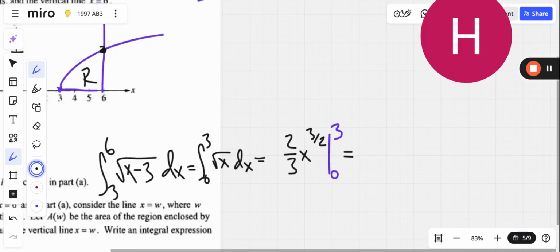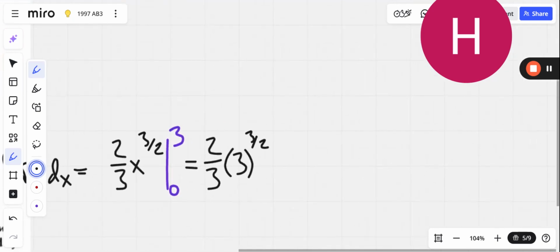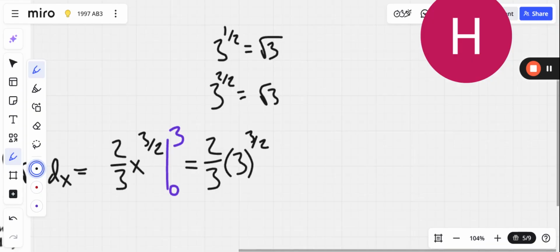So if we plug in 0, of course, nothing crazy is going to happen, nothing special. But if we plug in 3, we get 3 to the 3/2, and I see a lot of you students kind of getting stuck with how to do that. So remember that 3 to the 1/2 is just the square root of 3. 3 to the 2/2 is just square root of 3 squared, or 3.